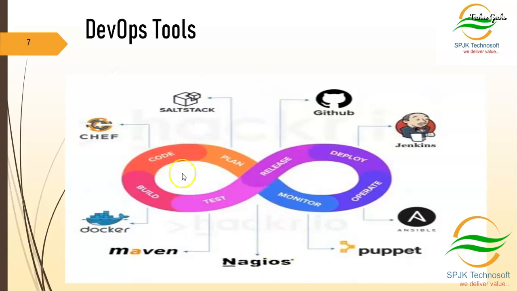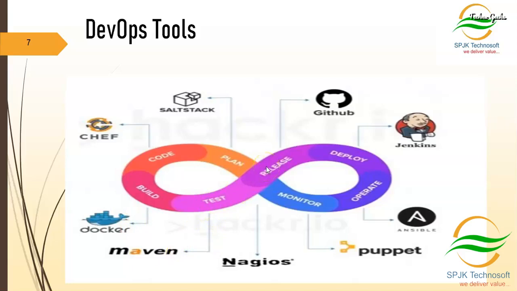For the planning stage we use the tool called SaltStack. In the coding stage we use the tool called Chef. Almost all the tools I am going to discuss today are open source platforms, which you can download for free online. For build we use Docker, and for testing purposes we use Maven.